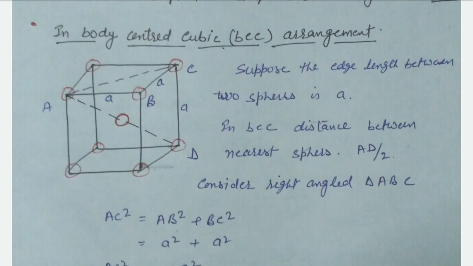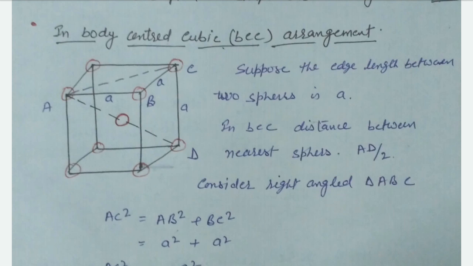Similarly, another right angle is ACD. AD square is equal to AC square plus CD square. AC square we have also calculated. Then 2a square plus a square is equal to 3a square. Then AD is equal to root 3 a.